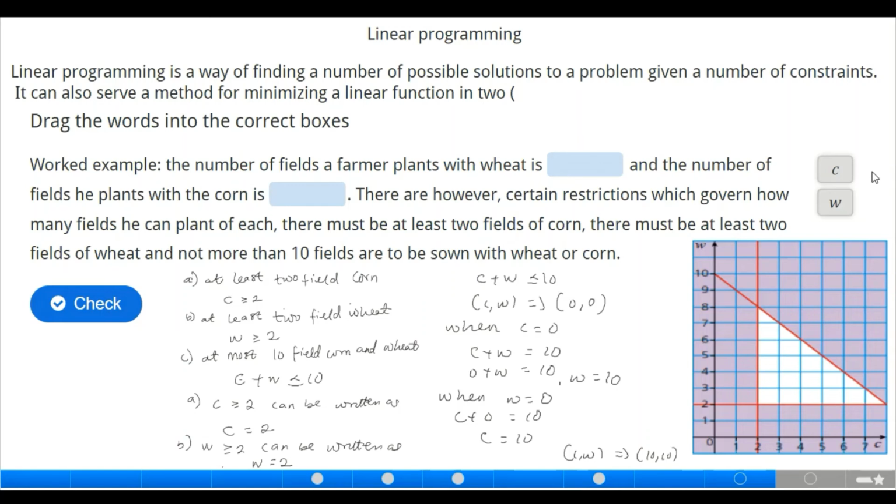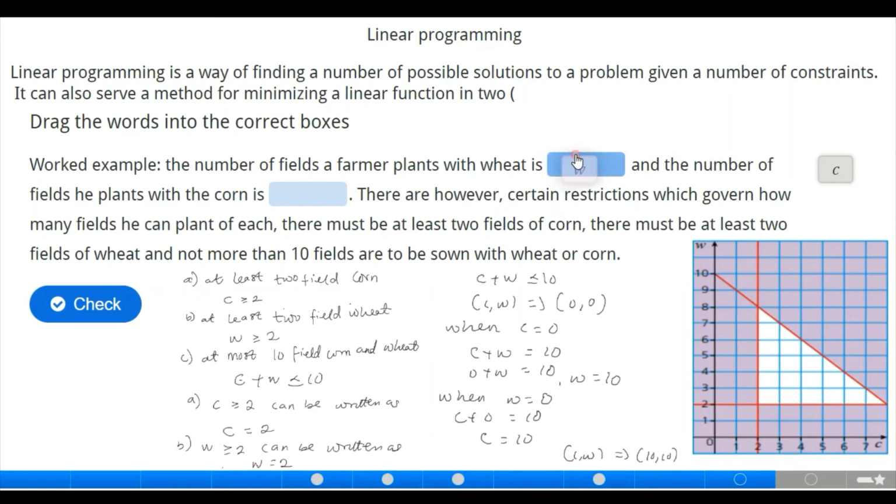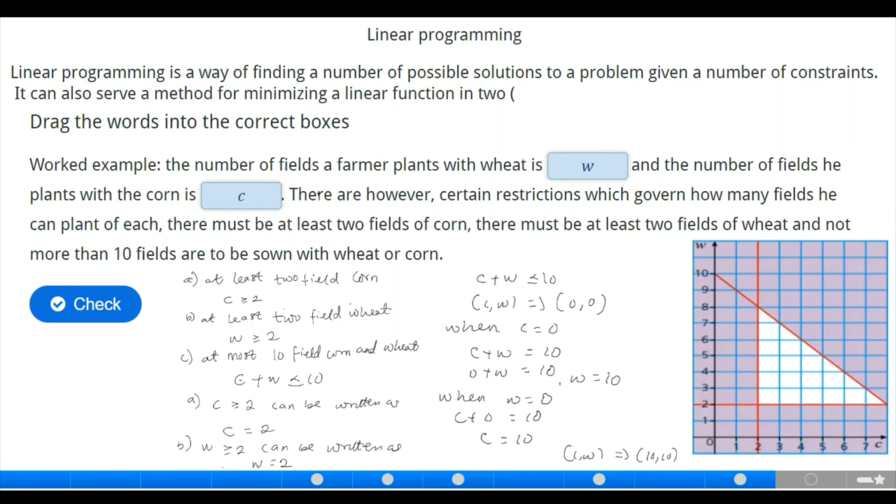They said the number of feet of a farm planted with wheat is represented with W, and the number of feet planted with corn is represented with C. There are, however, certain restrictions which govern how many feet we can plant of each.